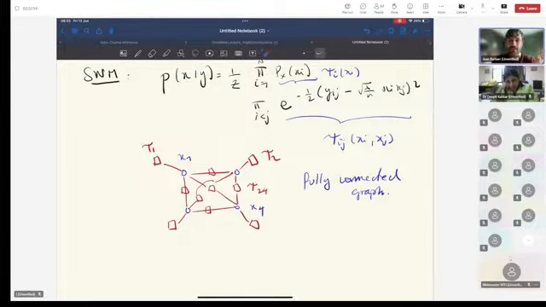Usually BP was used to solve inference problems on locally tree-like graphs, so graphs which are sparse. It means that the average degree of nodes and factors is not dependent on the size. So if you multiply the size of the graph by 2, the average number of neighbors of every node and factor remains the same. This is called a sparse graph.